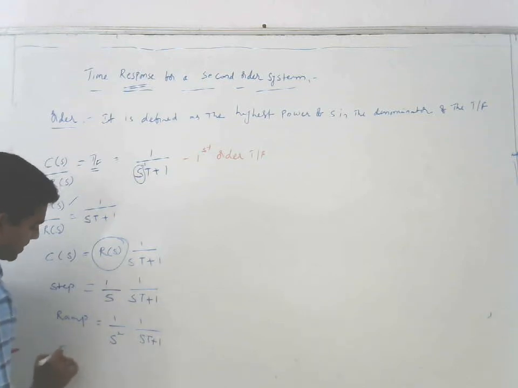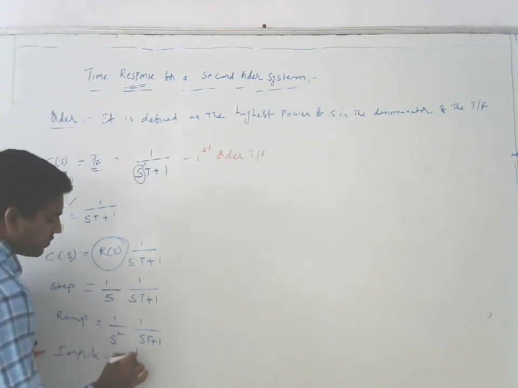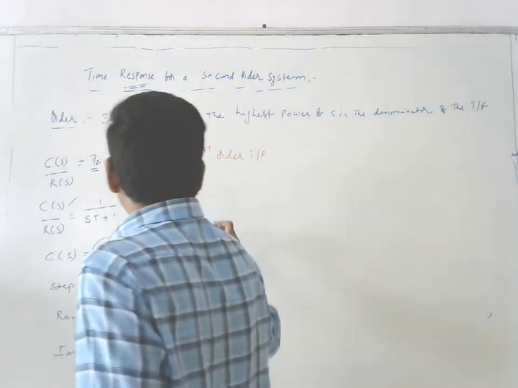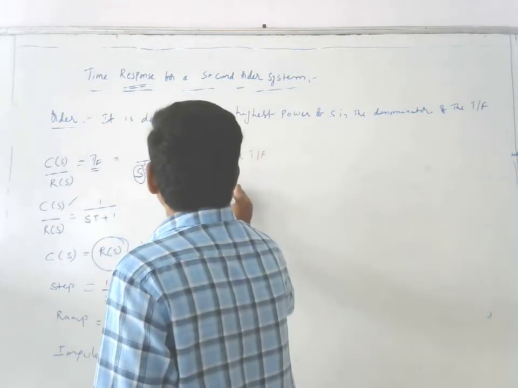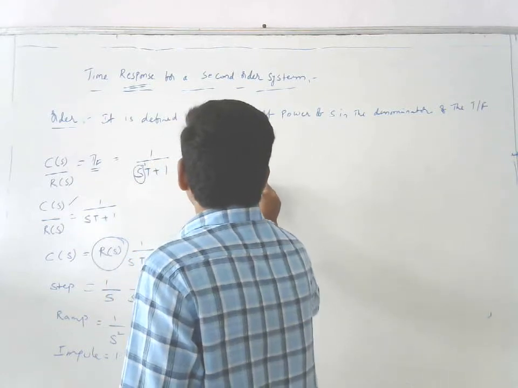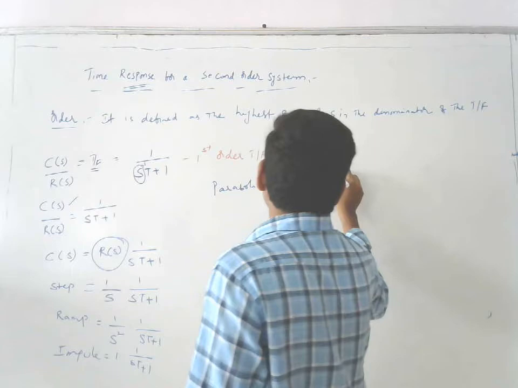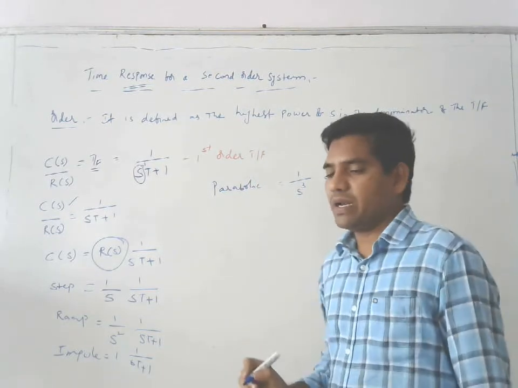For an impulse signal, the input is 1, so the response is 1 into 1 by sT plus 1. For a parabolic signal, the response is 1 by s cube into 1 by sT plus 1. Like that it will vary.